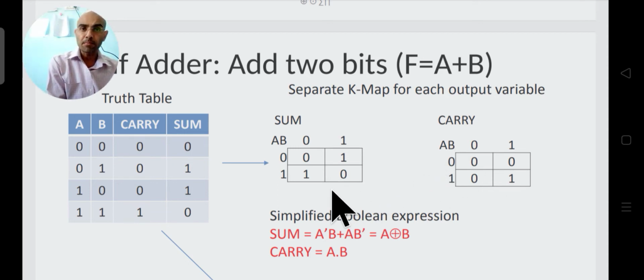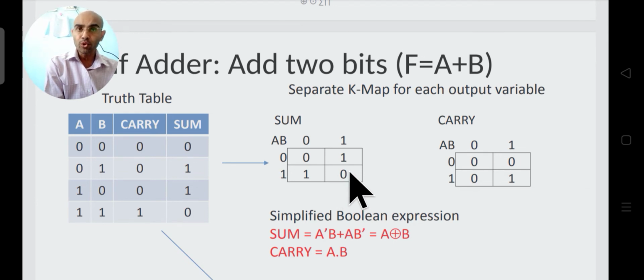This is a simple problem and you will understand it very simply here with the help of this 2 variable K-map. But later on, if it becomes a 4 variable or 5 variable expression, the procedure will still be the same, but you may require some more techniques to simplify it.